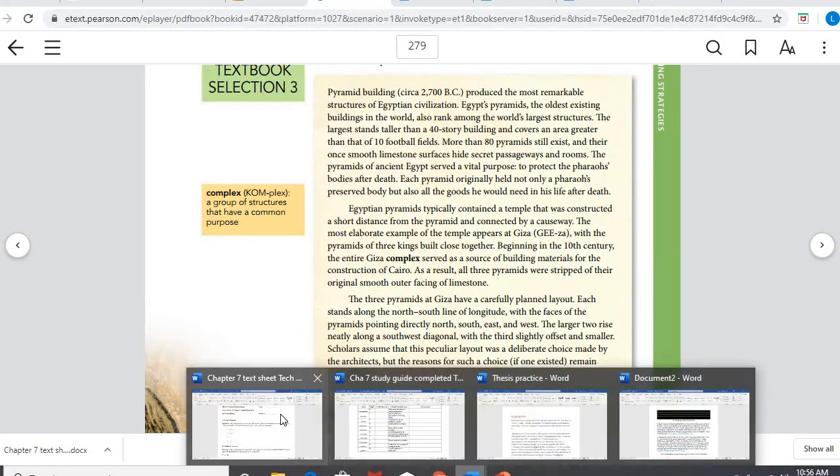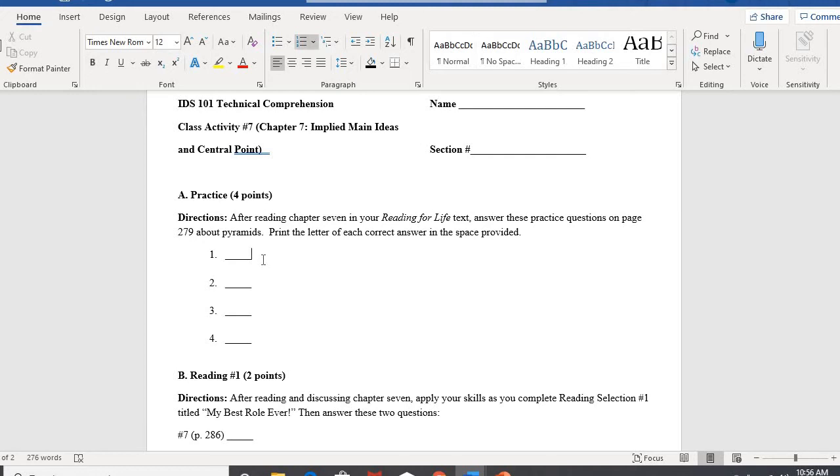So if we are back on our text sheet, number 1, C. Number 2, A. Number 3, A. And number 4, B. Okay, so that is part A of our text sheet.